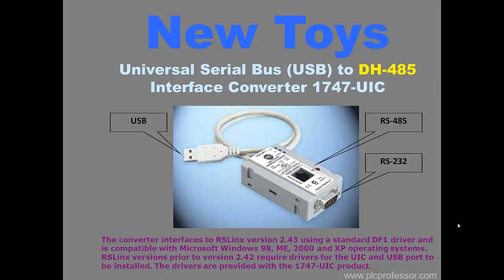Now we're talking about USB to electrical RS485 and electrical 232. So the converter interfaces to RSLinx version 2.43 using a standard DF1 driver and is compatible with Windows 98 ME 2000 and XP. So this really is a PIC replacer. So you can get rid of the PIC module.